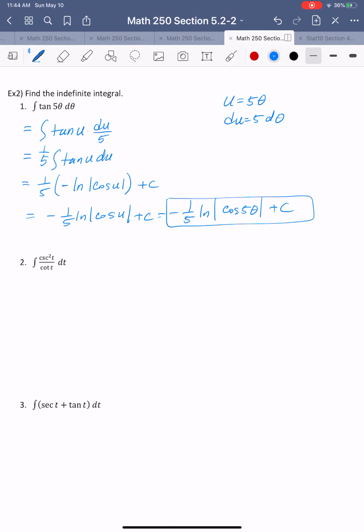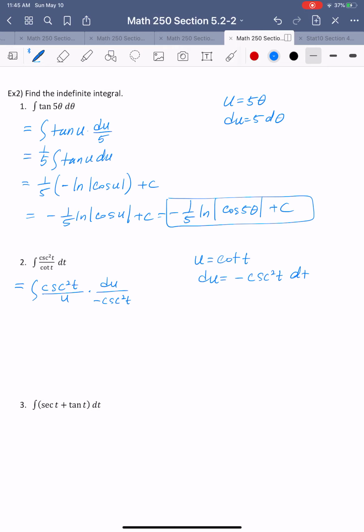All right, for the second one, I want to say u is cotangent t, so du is negative cosecant squared t dt. So the integral of cosecant squared t over u times du over negative cosecant squared t.